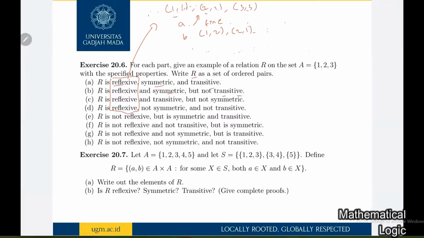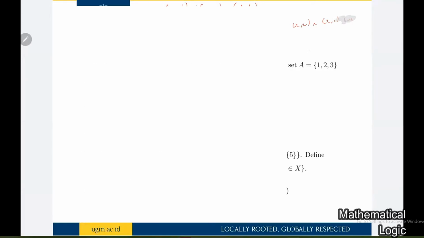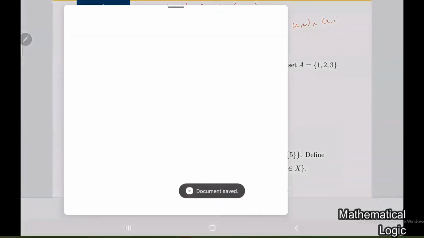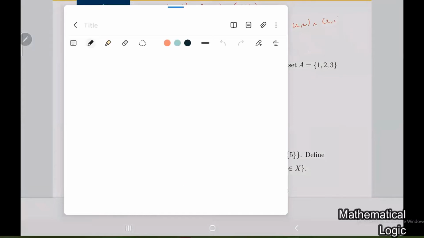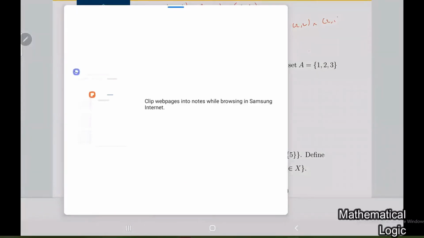Why? Because we know if we add these three and then these two, we will know that 2,2 and 2,1... oh, 2,1 is there, so it's still... why does this one appear?